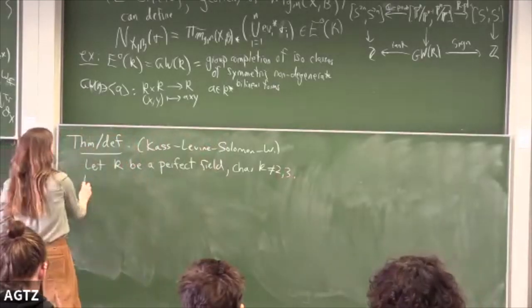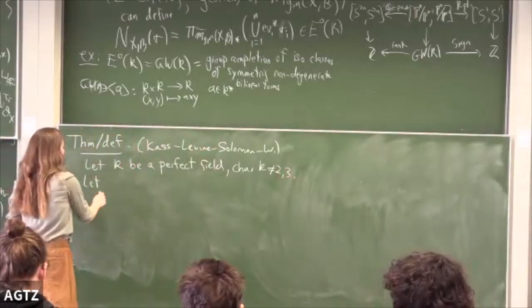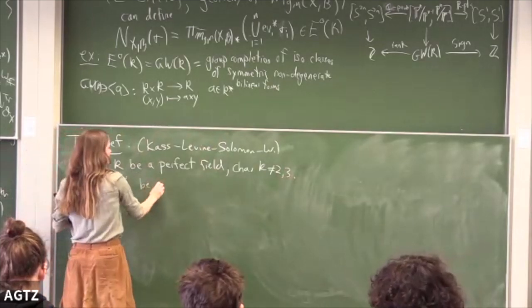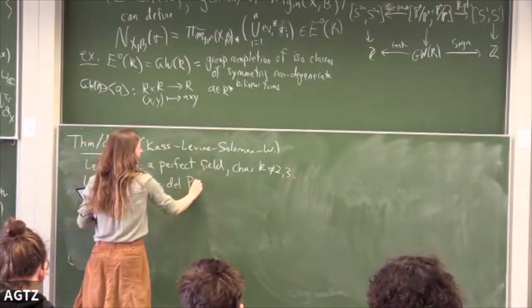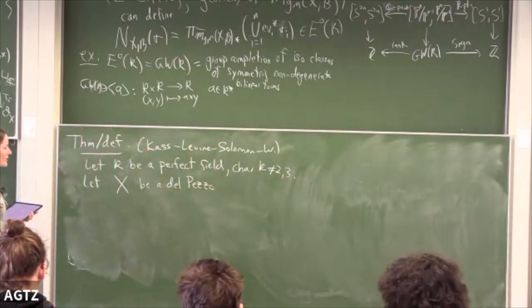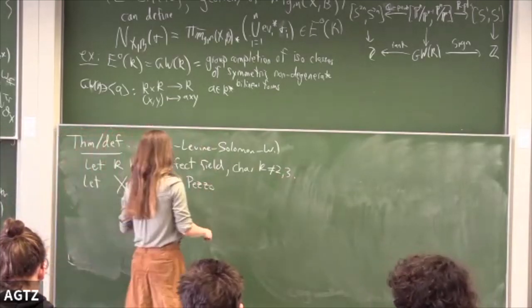And for simplicity, let X be a Del Pezzo surface. So that's smooth projective over K, and its anti-canonical bundle is ample.